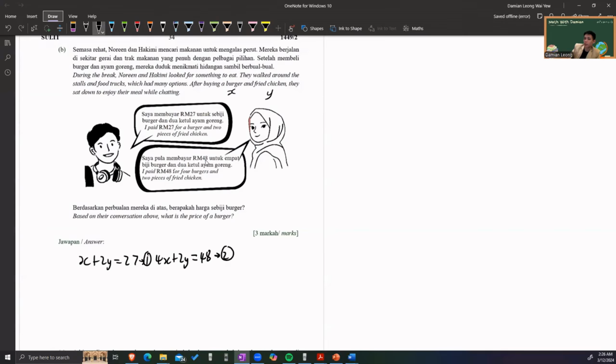I can straight away eliminate. Equation 2 minus equation 1. 4x minus x, 3x. 2y minus 2y is 0. 48 minus 27 is 21. So 21 divided by 3, 7. It means burger is 7 ringgit.